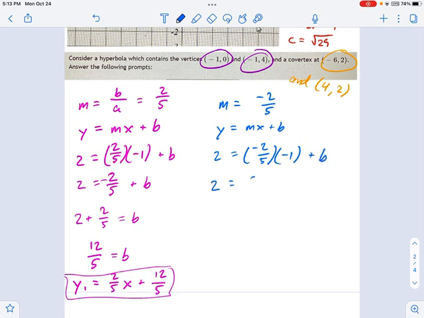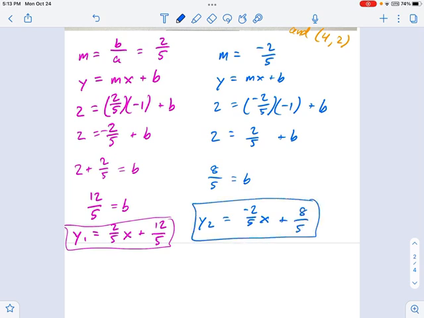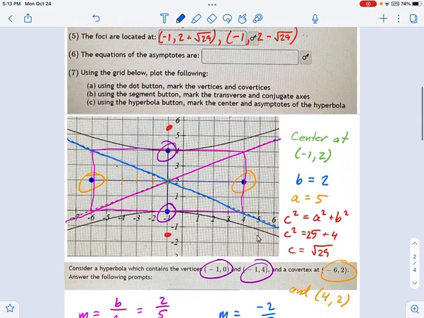So this means 2 equals 2/5 once I cancel out the negatives, plus b, which means when I solve this, I get 8/5 equals b. And that means here's my equation: y equals -2/5 x plus 8/5. And there are my two asymptote equations right here.